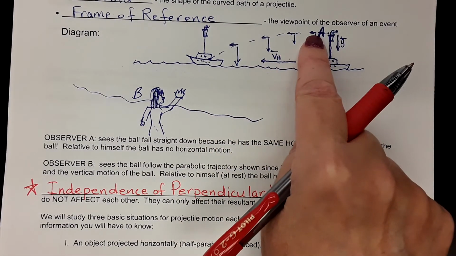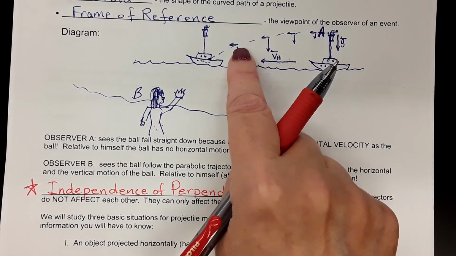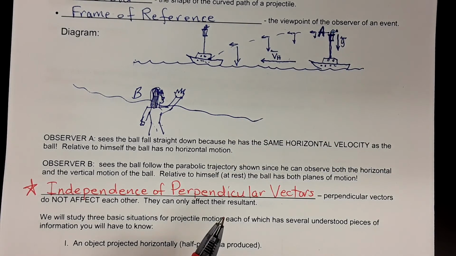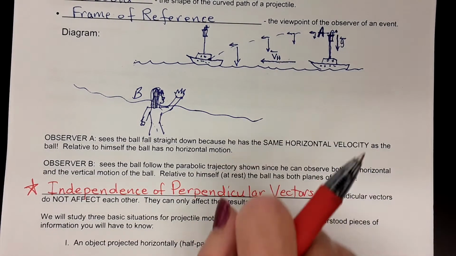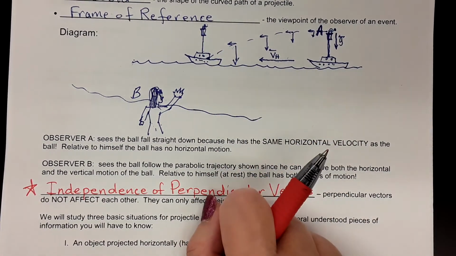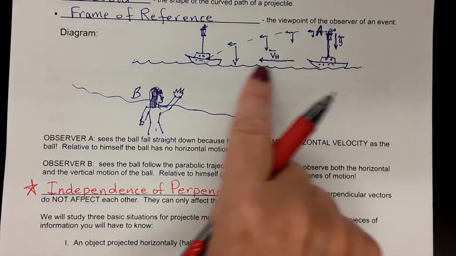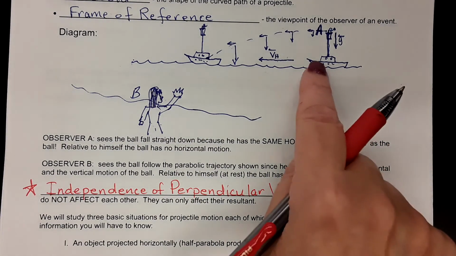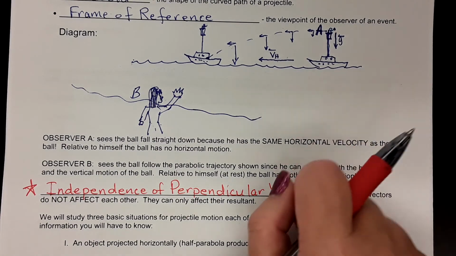If the horizontal velocity were to suddenly increase, maybe the boat goes faster, the vertical motion will not be affected. The vertical motion also does not affect the horizontal motion. Gravity doesn't affect how fast the ball moves across the water. That's the velocity of the boat that affects that initially.